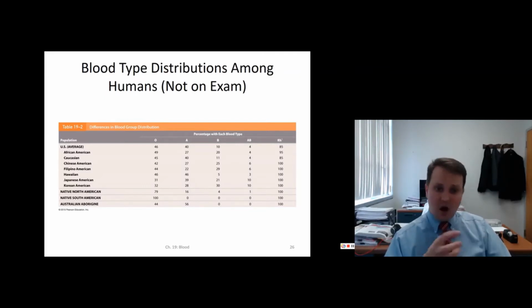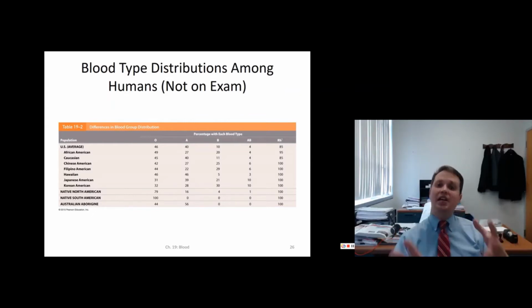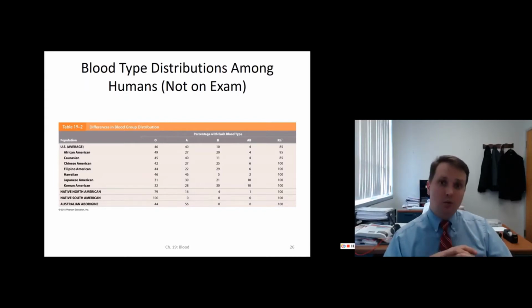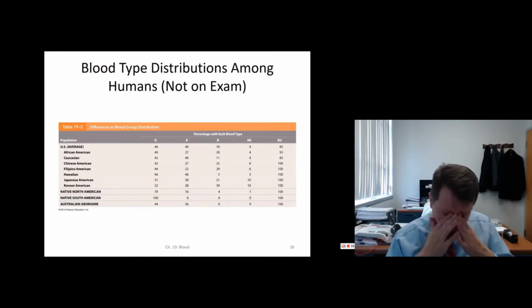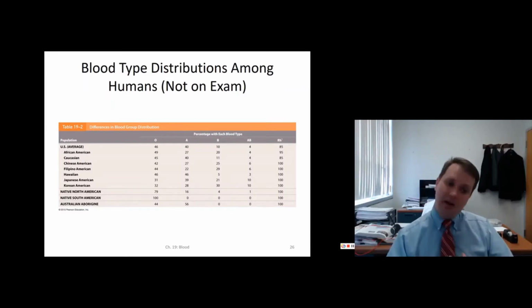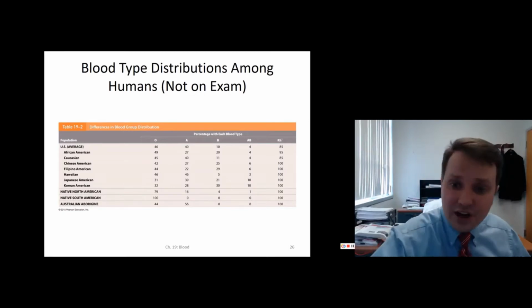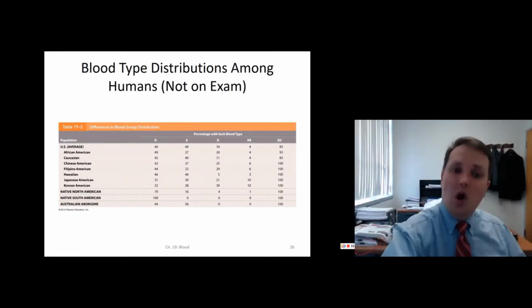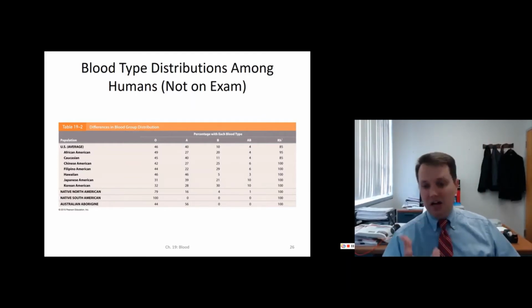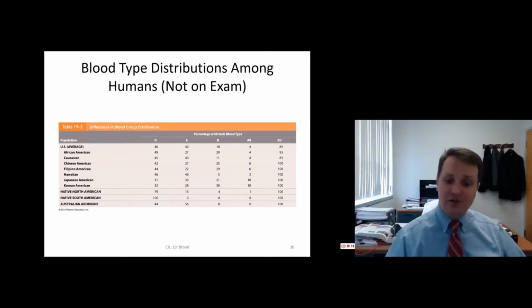So this is why you might see the Red Cross or our local blood bank say, we need more African American people to donate blood, or we need more people of Filipino descent to donate. It's because different blood types are distributed differently amongst different ethnicities around the world. So that's very interesting and actually quite important.